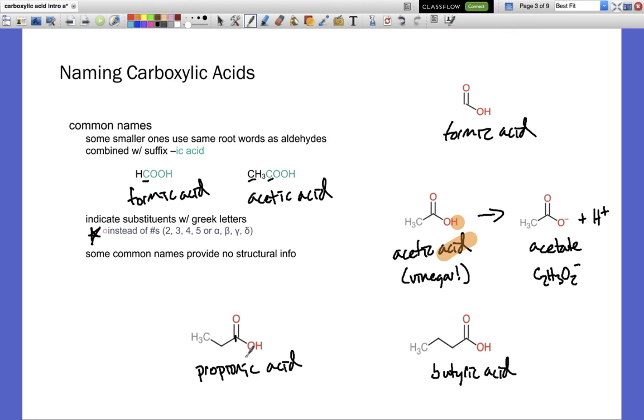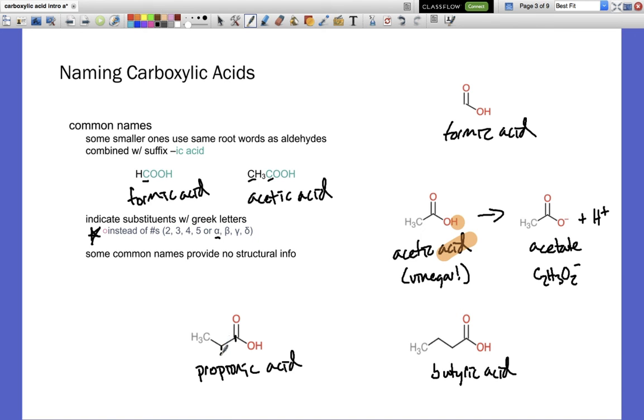So I can't have a substituent on number 1. So although you would usually think of alpha or A being the first letter of the alphabet, what it means in this case is it's the first option for a place you can put things, right? So technically, the 1 doesn't have a label. The 2 is my alpha.